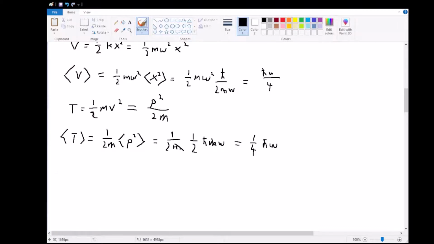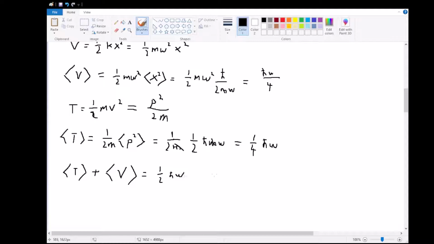And if we add them, the sum of the expectation values of kinetic and potential energy is h bar omega over 4 plus h bar omega over 4, which is just 1/2 h bar omega.